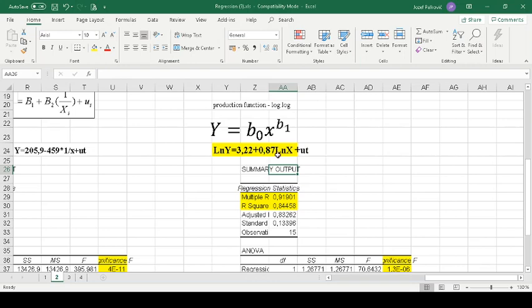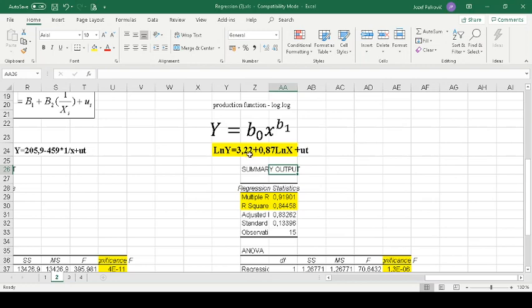So it will mean if x will increase by 1%, the dependent variable will increase by 0.87%. So remember, this works only in case when both variables are in form of logarithm. If there would be only one variable in form of logarithm, it would be a little bit more difficult.